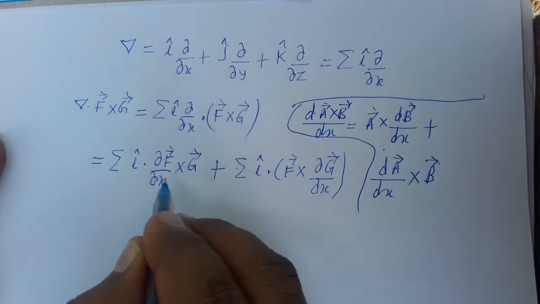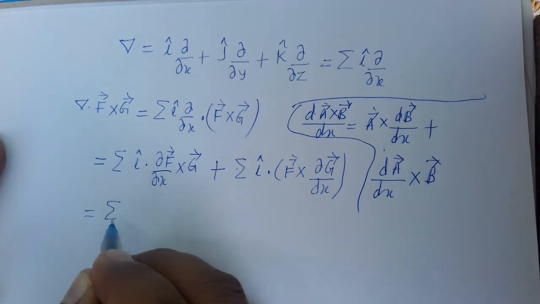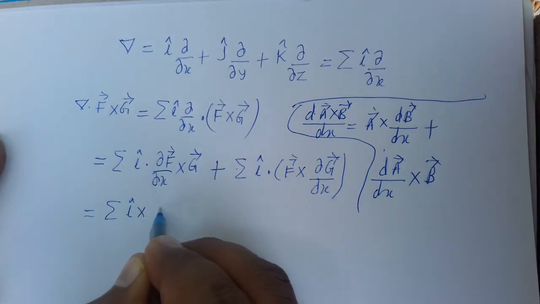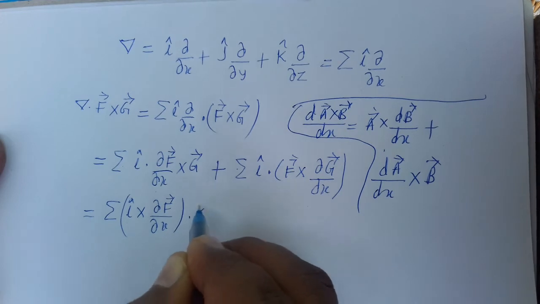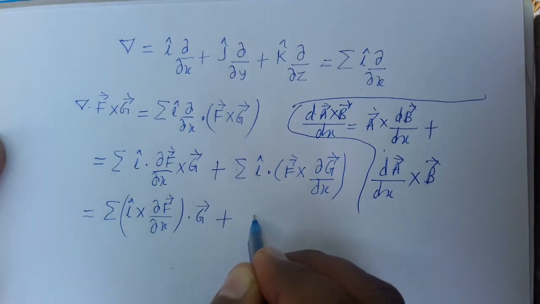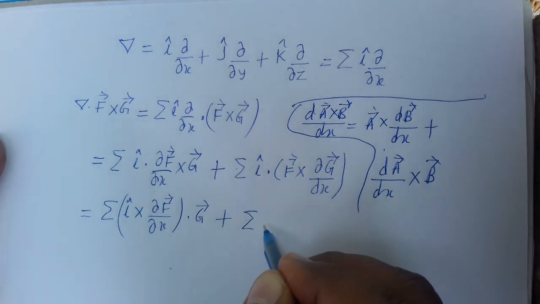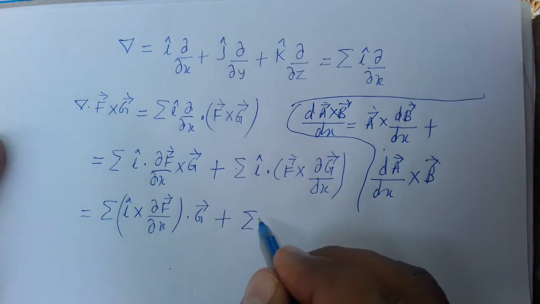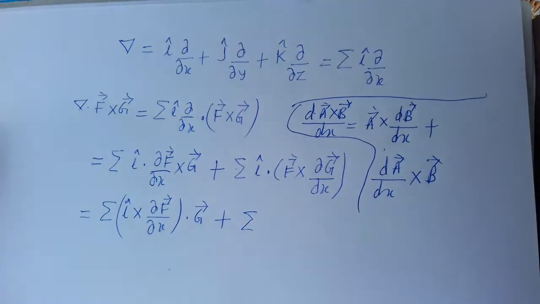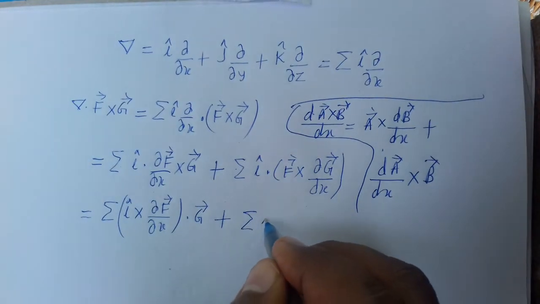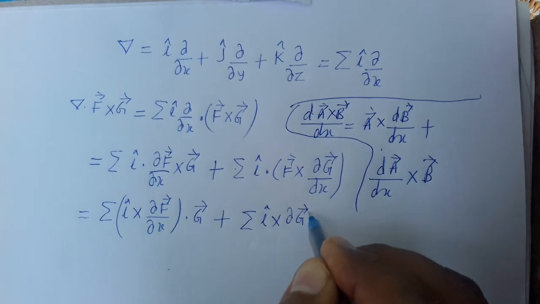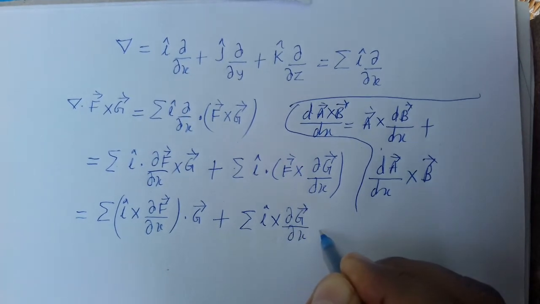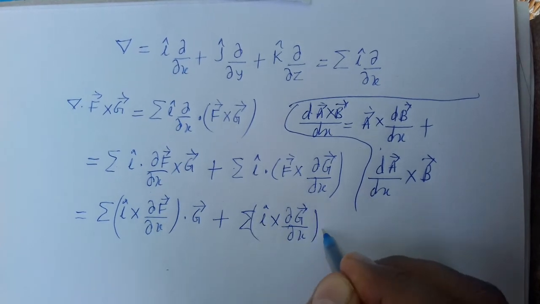Now this can be written as del i cross del f by del x dot g, plus, here one can write i dot f cross del g by del x, dot f.